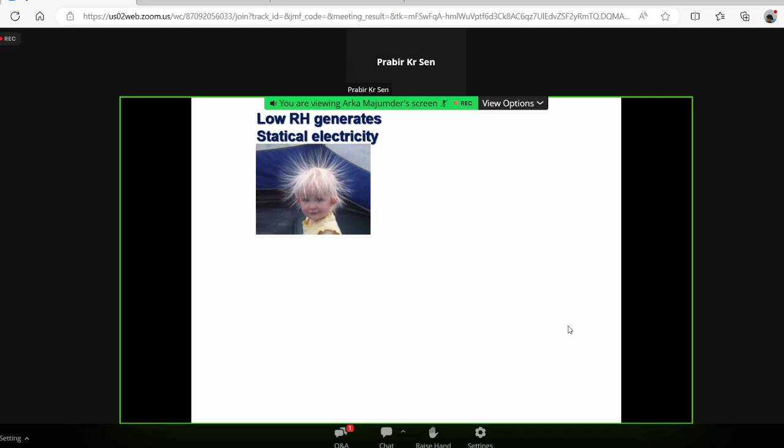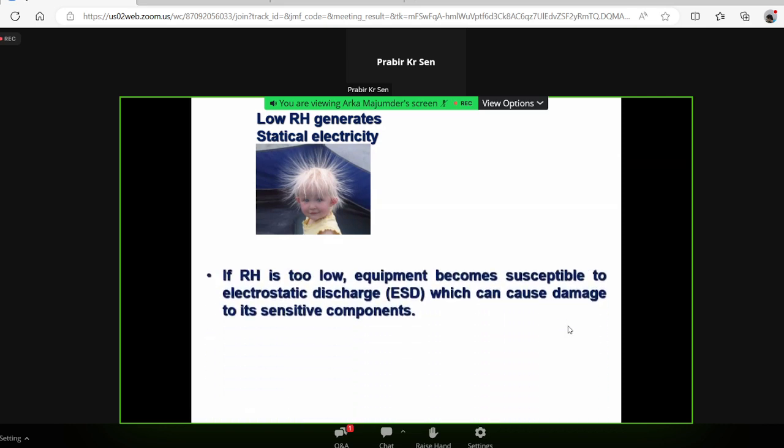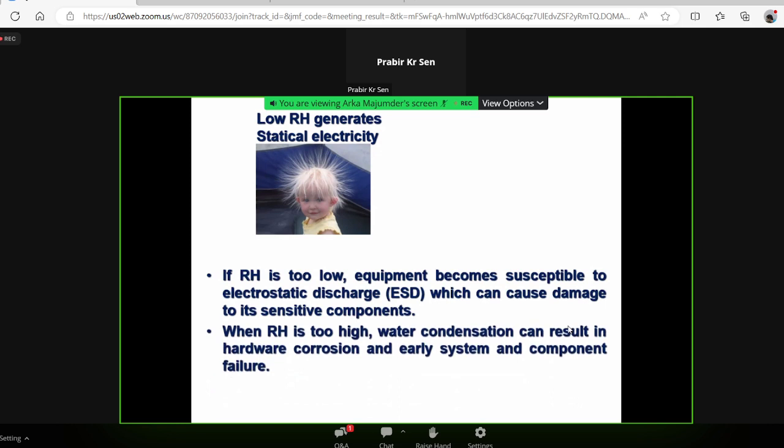So, electrical rooms also should have controlled relative humidity. Next. If RH is low, it produces static electricity discharge. Next. If RH is high, water condensation. Next.